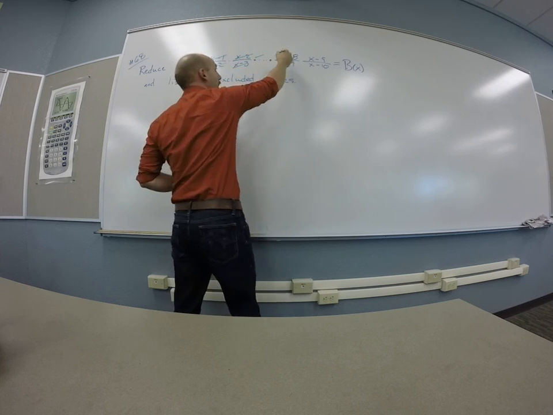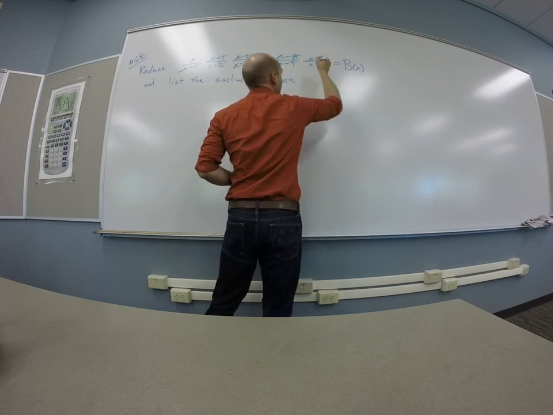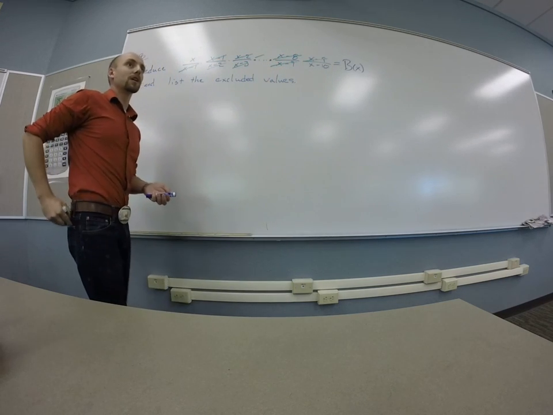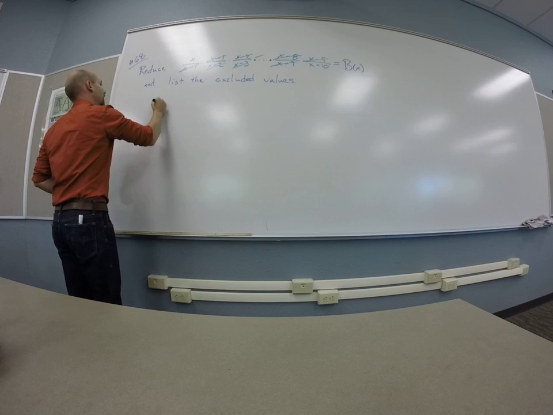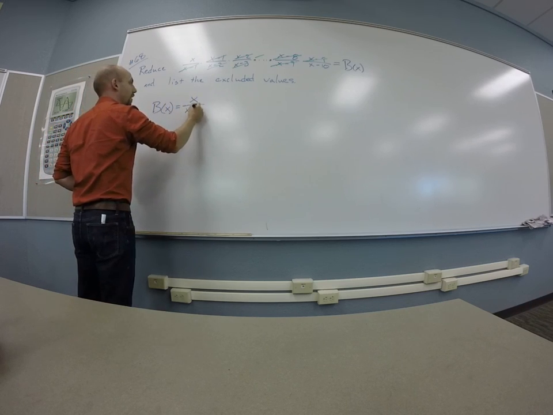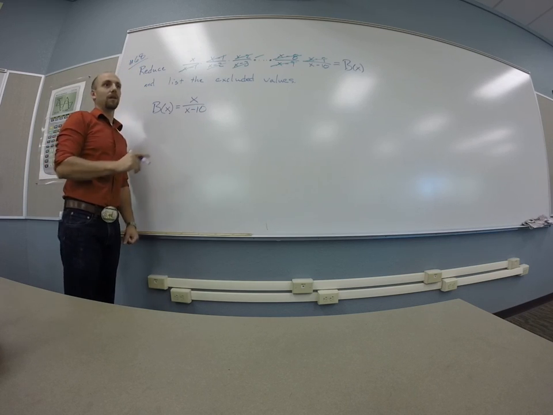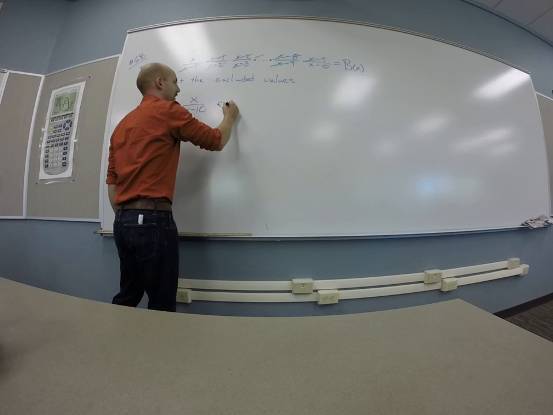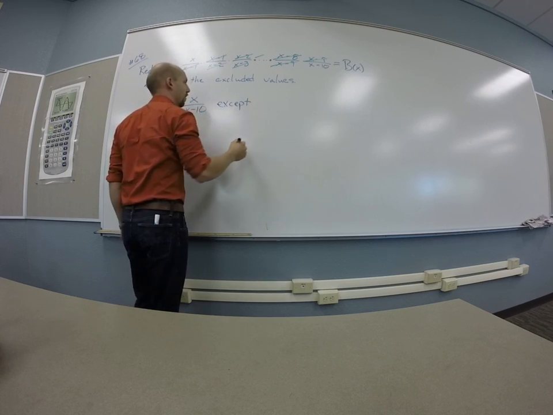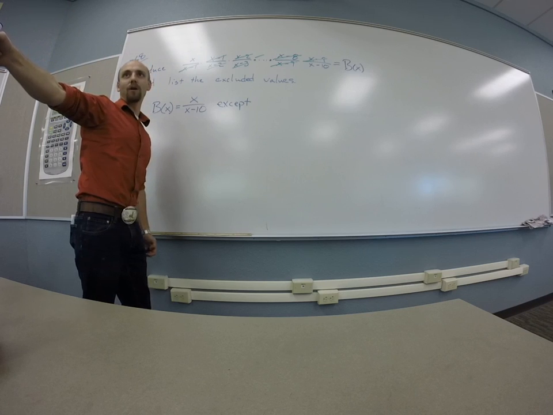Yes, by the bottom of the previous one. And then the x minus 9s will get canceled. And so I'll get that b of x is x over x minus 10, except when x equals 2, 3, 4, 5, 6, 7, 8, 9.